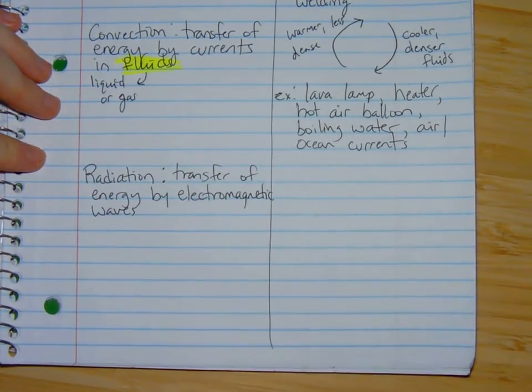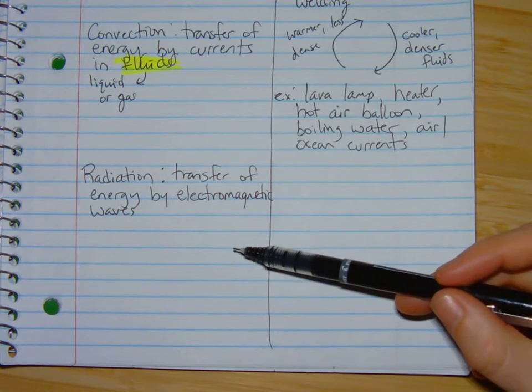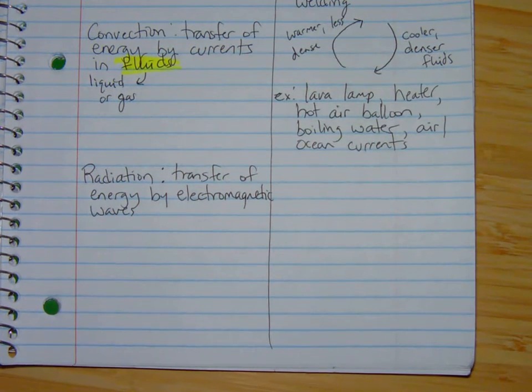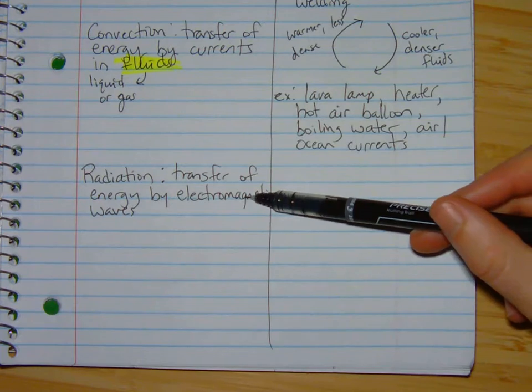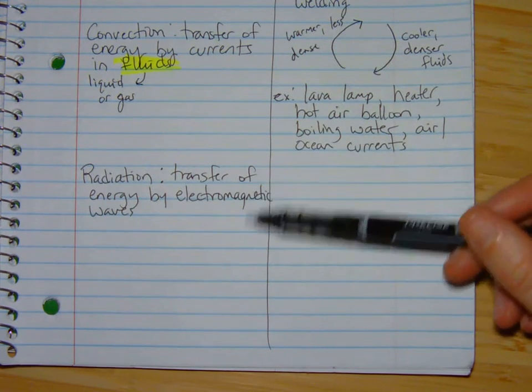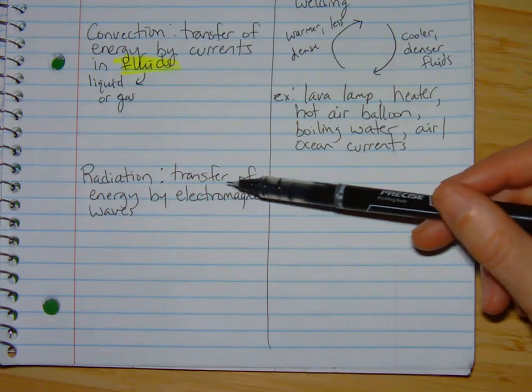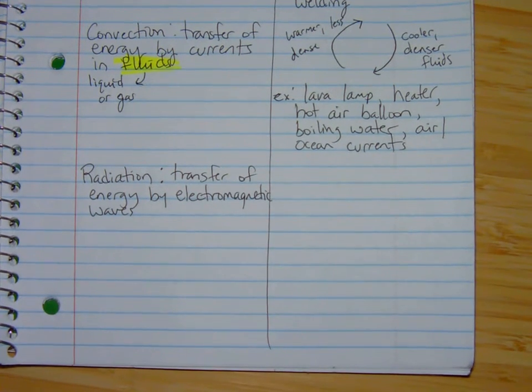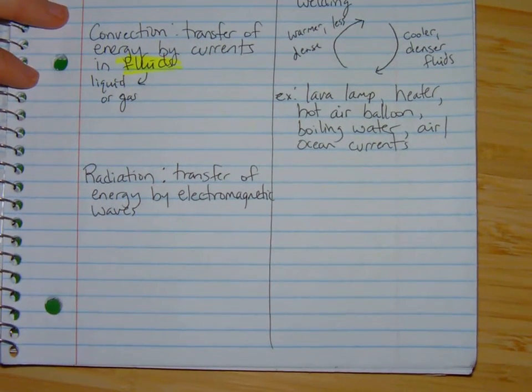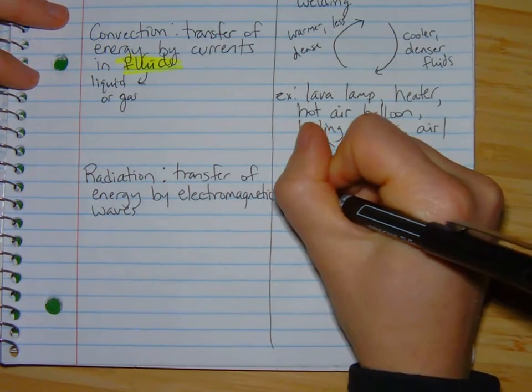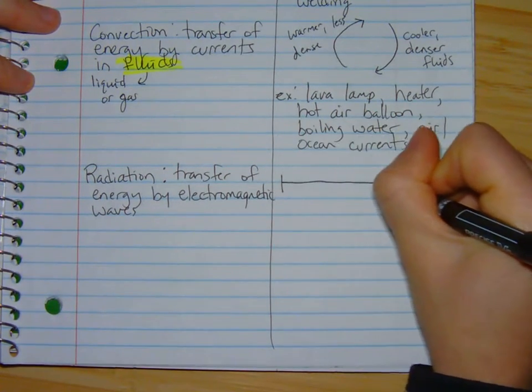Big word. We'll get more into what the word electromagnetic means in the electricity and magnetism unit. But right now, just realize that a magnetic field and electric current self-propagate. The magnetism creates the electric current creates the magnetism, and it's a never-ending series of events there.